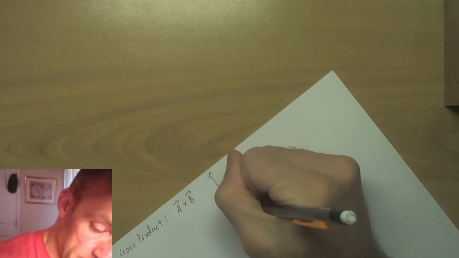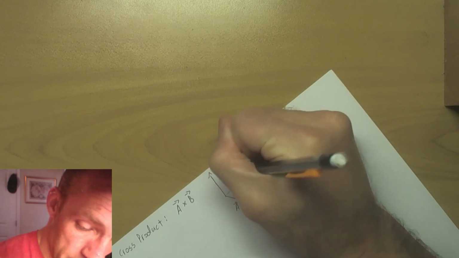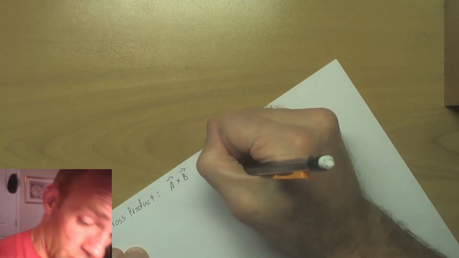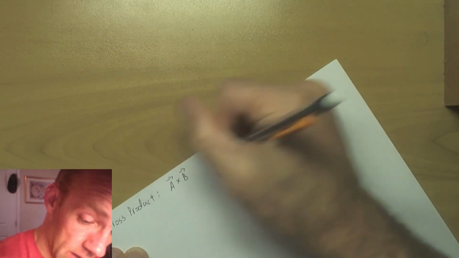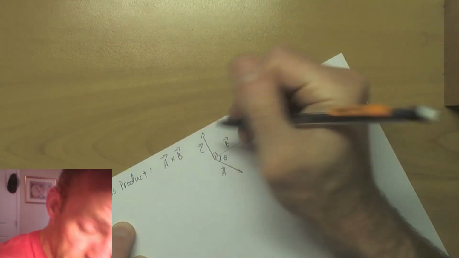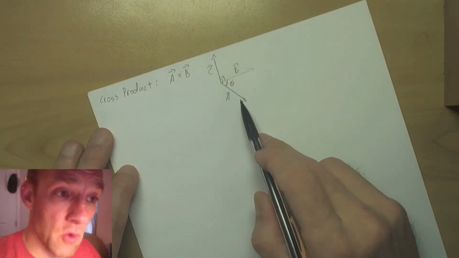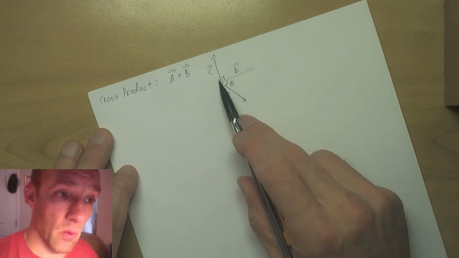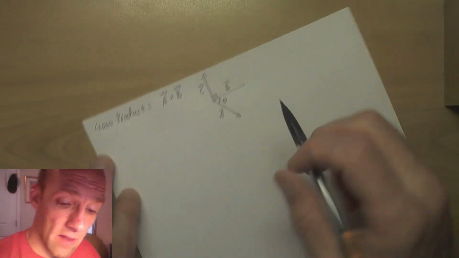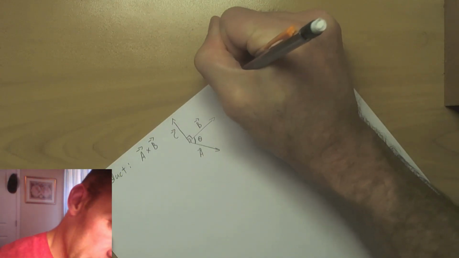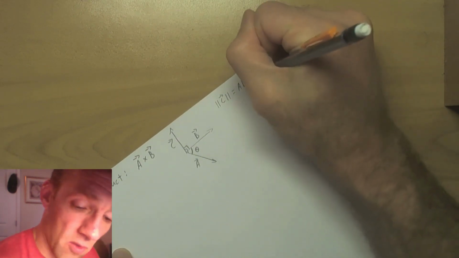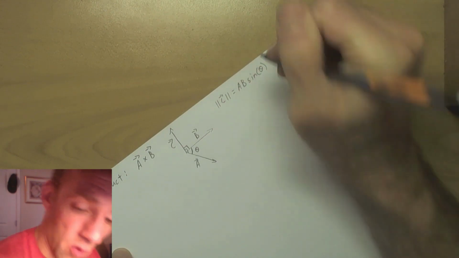So if I have a vector A and a vector B, and they have an angle between them of theta, using what's called the right-hand rule, C, which would be the cross product of A and B, is the vector that's mutually perpendicular to both A and B. So C is perpendicular to A and B. Okay, and its magnitude is equal to the product of the magnitudes times the sine of the angle between them, rather than the cosine.